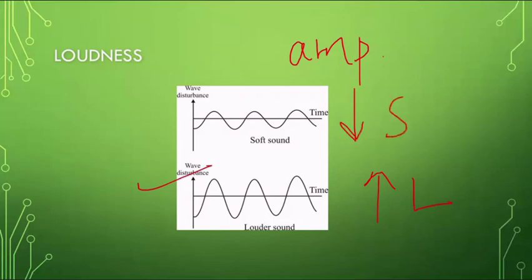And how do you decide the amplitude? We discussed that the amplitude is the maximum displacement of a particle from its rest position. So this is the maximum displacement. And here, this is the maximum displacement. So it's very clear that the amplitude of this wave is larger, so the sound is louder.